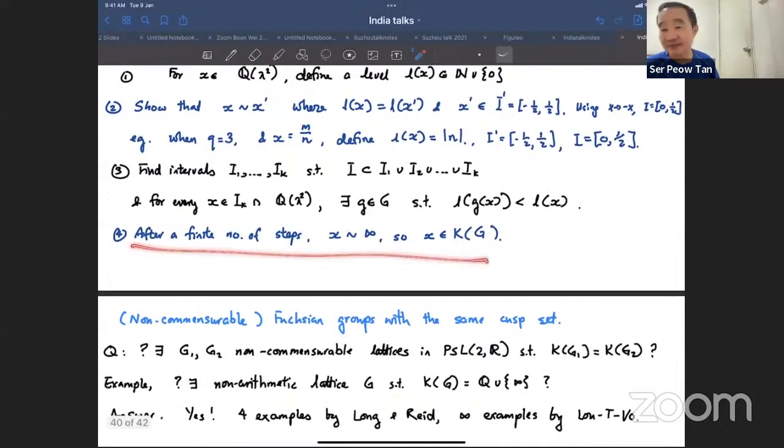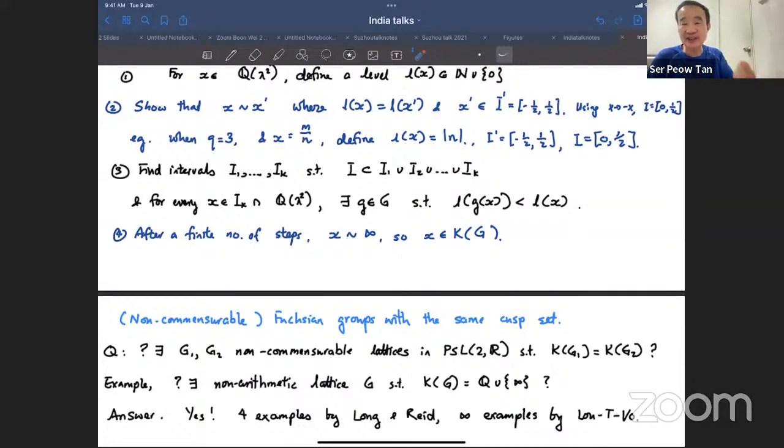And then we are done, right? Because now I start with some element of Q(lambda squared). I can map it, with a certain level, into something with a smaller level, and so on and so on. And so eventually it goes to level 0. In other words, it goes to infinity.